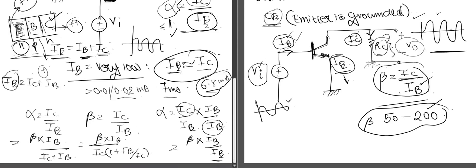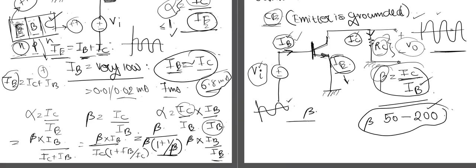Since IC by IB is equal to beta, IB by IC is equal to 1 by beta. So the expression we are getting is beta divided by beta into 1 plus 1 by beta.